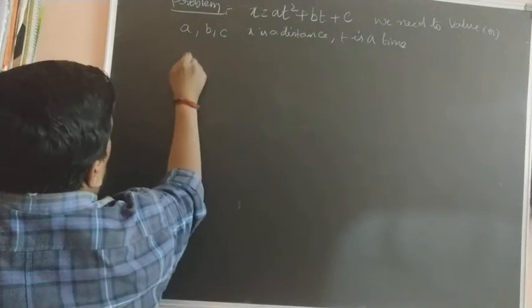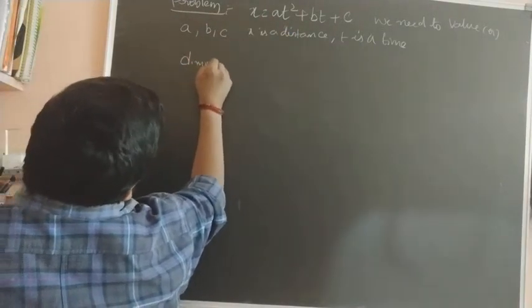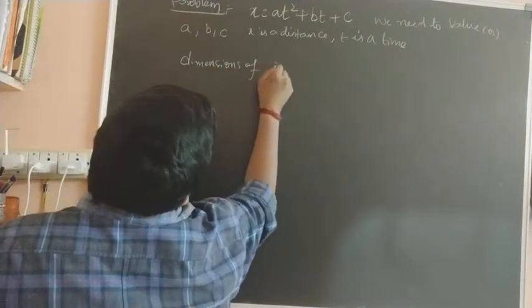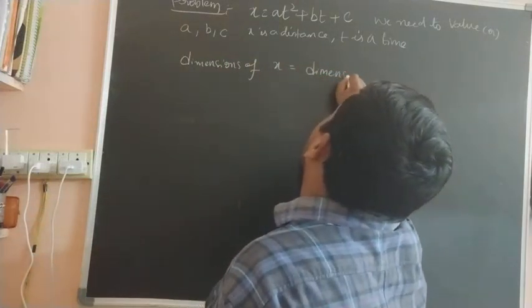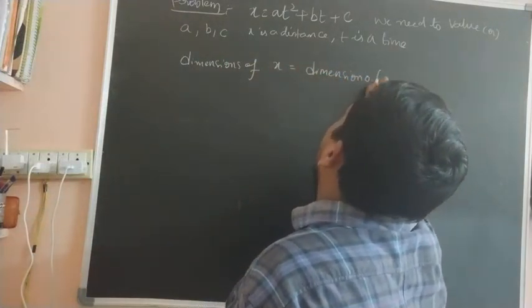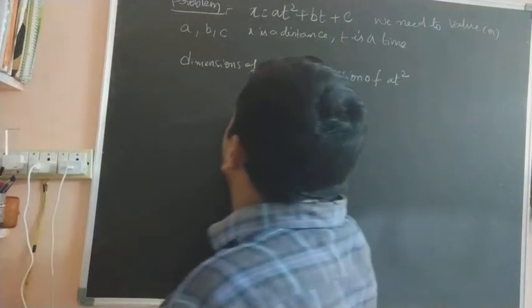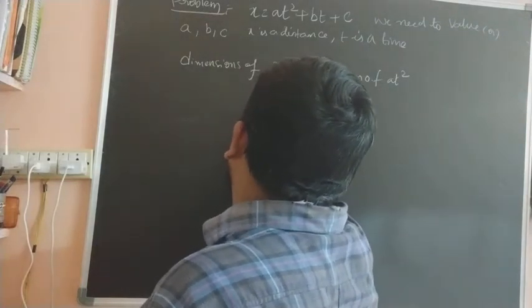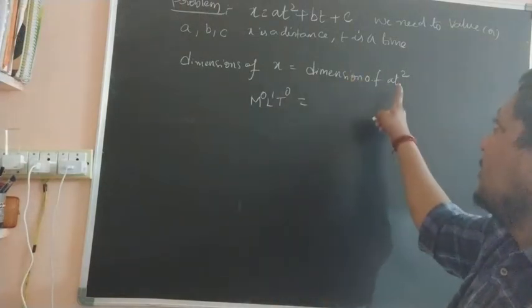To find the value of A, we can write the dimensions of x is equal to the dimensions of A t square. The dimensional formula of x is a distance, so m power 0, l power 1, t power 0 is equal to the dimensions of A t square.